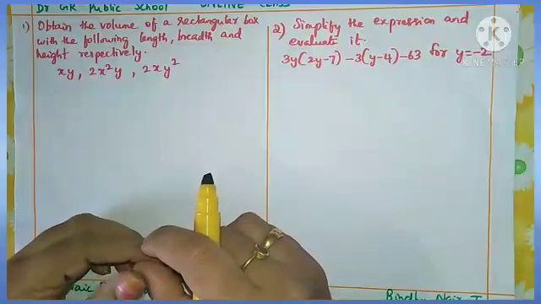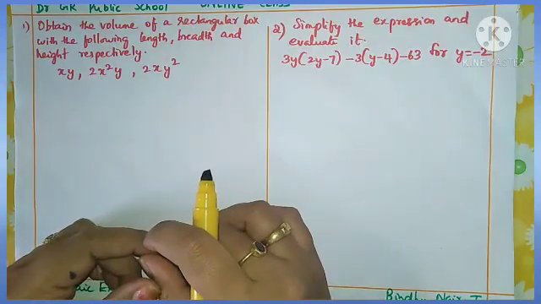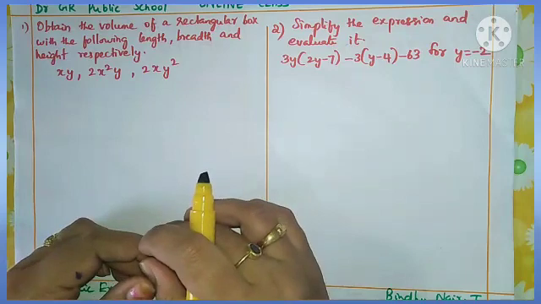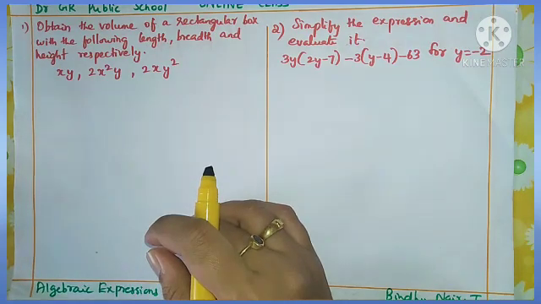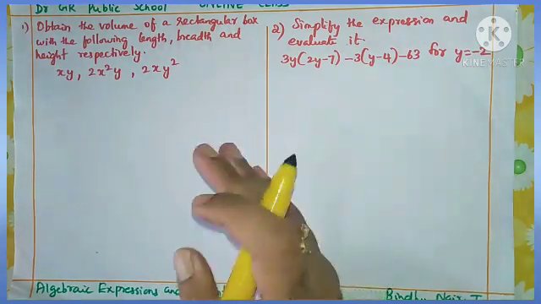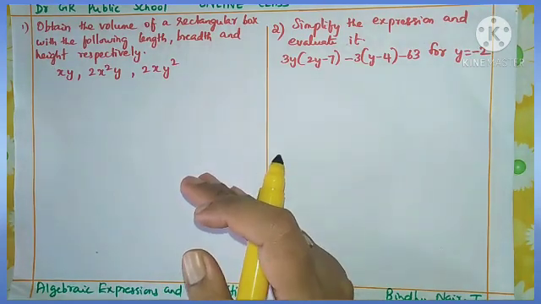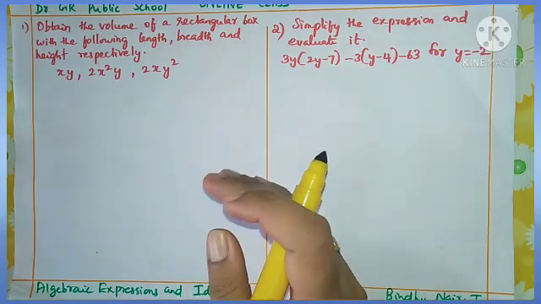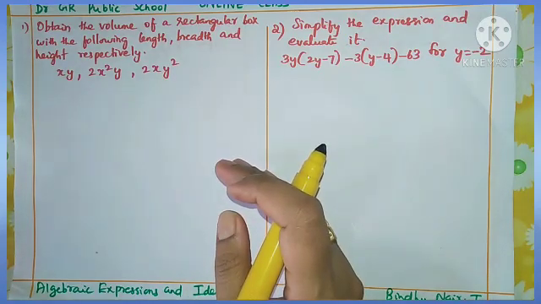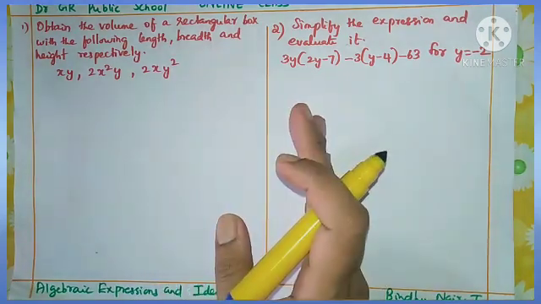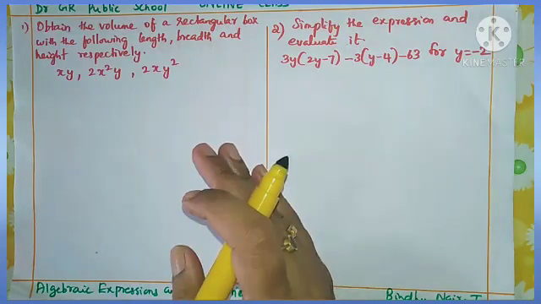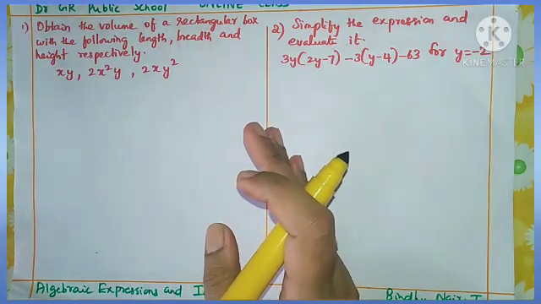Dear students, welcome back to mathematics class. As you know, we are doing chapter 9, algebraic expressions and identities, and in the previous classes you learned what algebraic expressions are, what terms, factors and coefficients are, the different types of polynomials, monomials, binomials, and like terms, unlike terms, how to add and subtract algebraic expressions, and we studied multiplication of algebraic expressions.